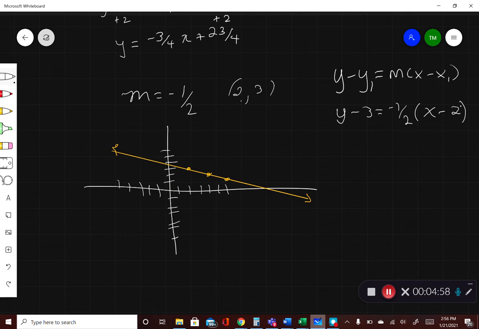And once again, we could put that in the slope-intercept form if we needed to. Distributing the -1/2, I'd have -1/2 x plus 1. And then I can add a 3 to both sides to isolate that y. And I get y is equal to -1/2 x plus 4.